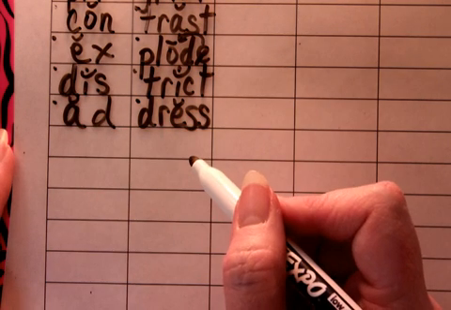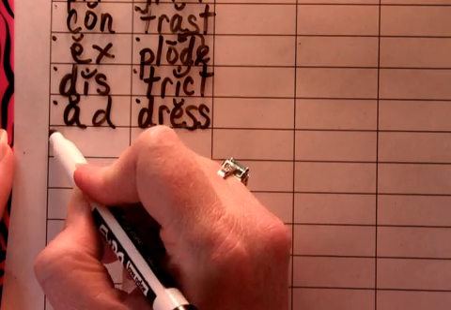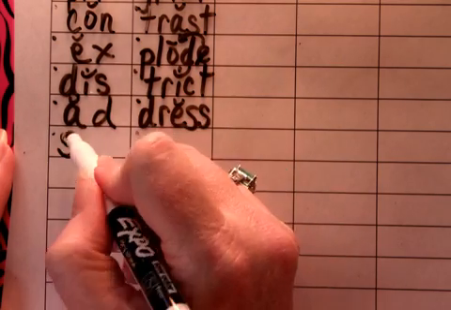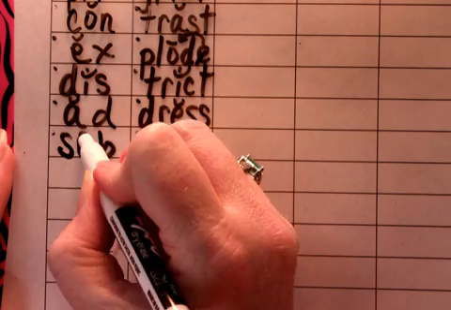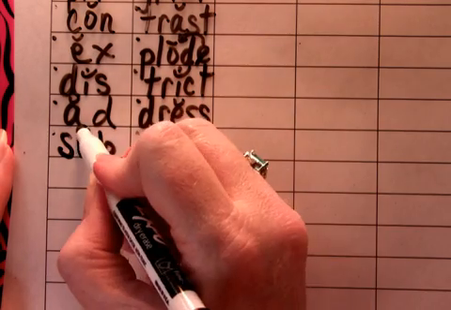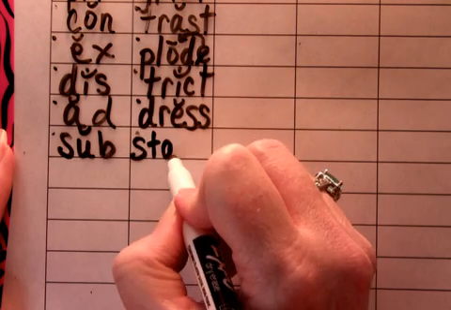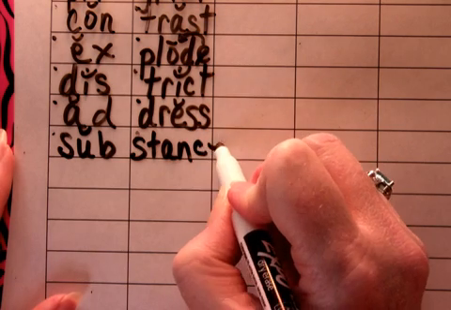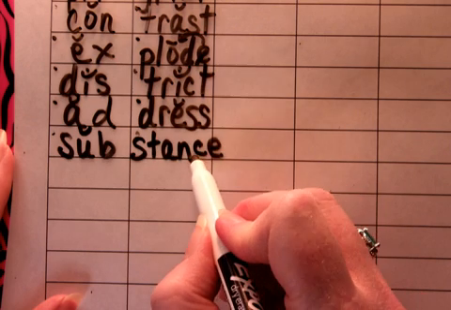The next word is substance. Substance. Sub. My marker's going out. Sub. That's a closed syllable. The vowel is short. Stance. S-T-A-N-S. Now, C followed by an E, I, or Y, we'll say the S sound.